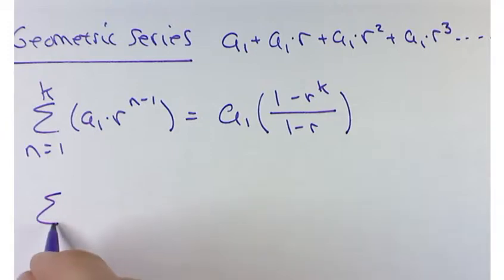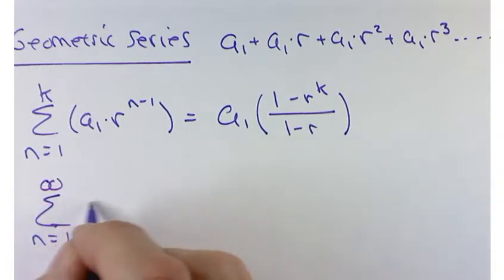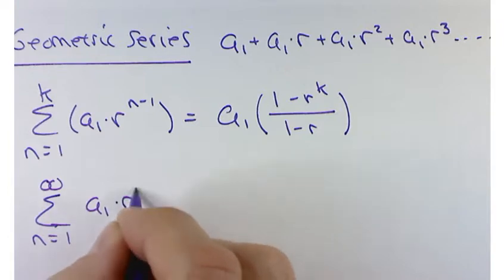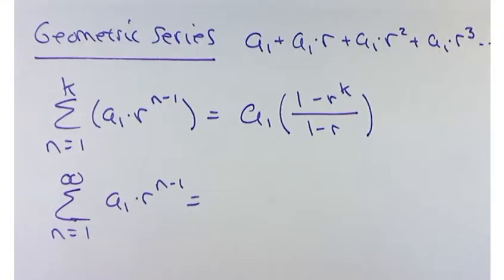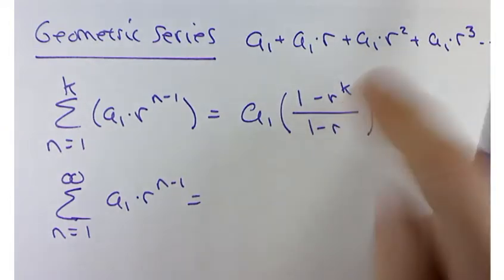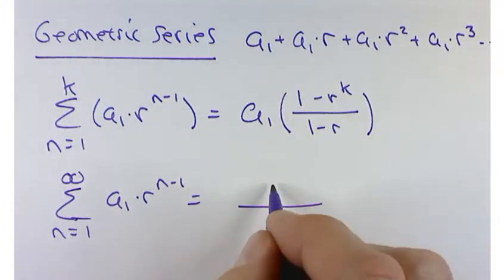We can also look at this case in the infinite limit. So let's do n equals 1 to infinity of a sub 1 times r to the n minus 1. Now what's nice about this is that the formula actually gets easier. In the infinite limit, this term, under the right conditions, is going to go to 0.